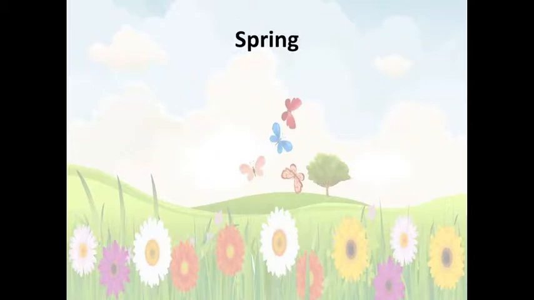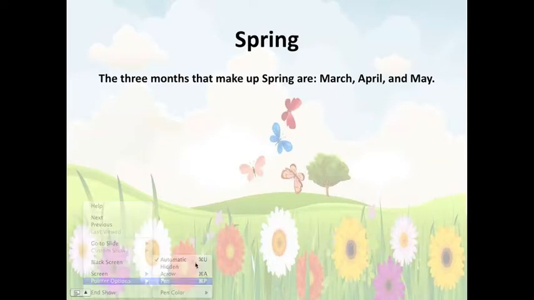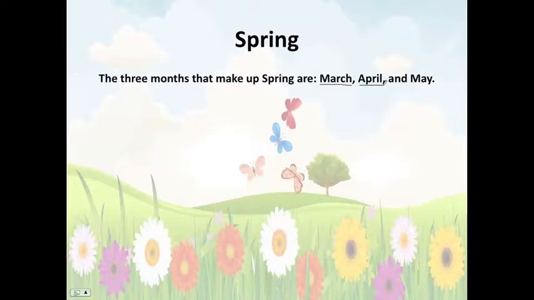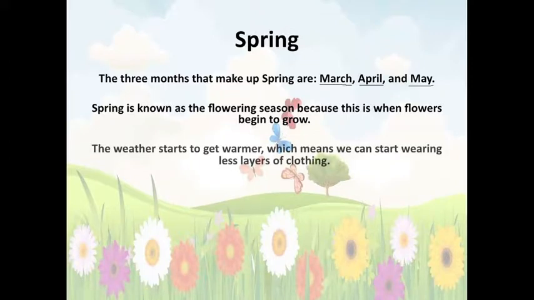So spring. The 3 months that make up spring are, let me get my pen here, March, April, and May. Spring is known as the flowering season because this is when flowers begin to grow. The weather starts to get warmer, which means we can start wearing less layers of clothing.